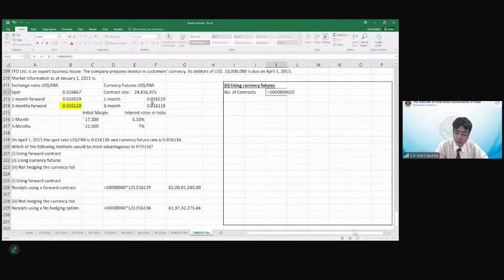Divide by, or rather I should say into, 1 divided by 0.016118. Where have I got this 0.016118? The 3-month forward future rate, the 3-month currency future.